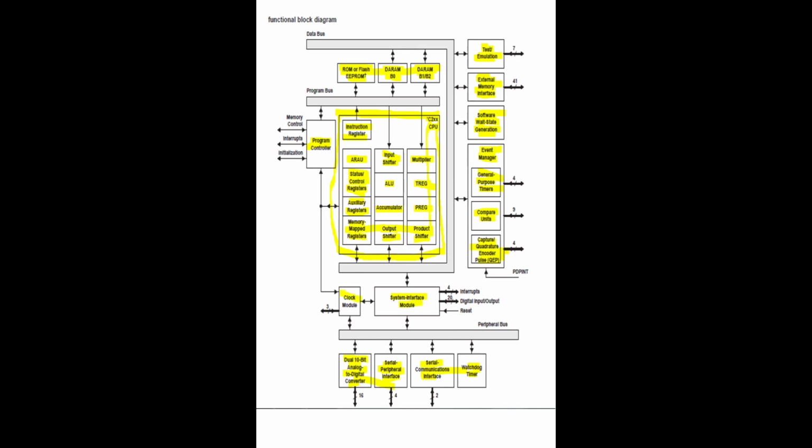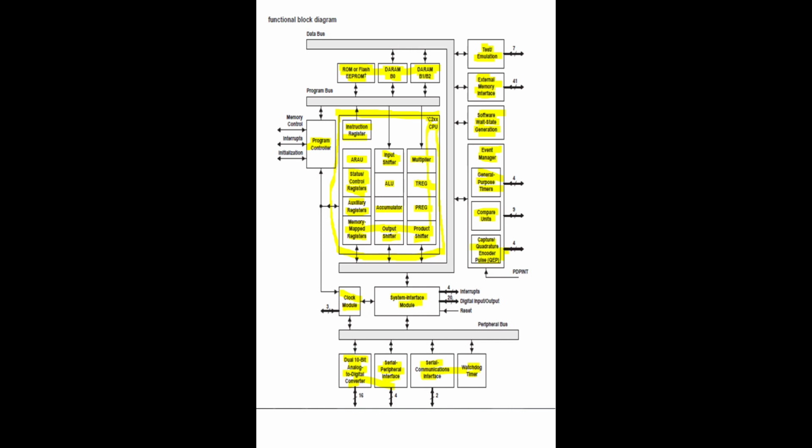Again, this clock module is nothing but used to give clock frequency input for the DSP processor. We know that the DSP processor not only requires supply, it also requires clock frequency, because supply will decide whether to work or not.